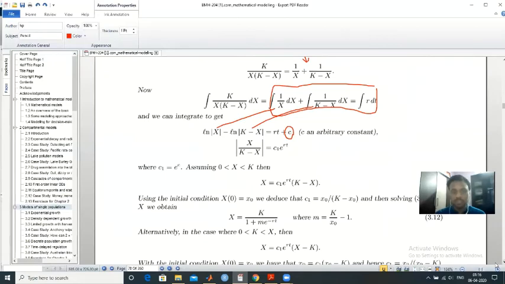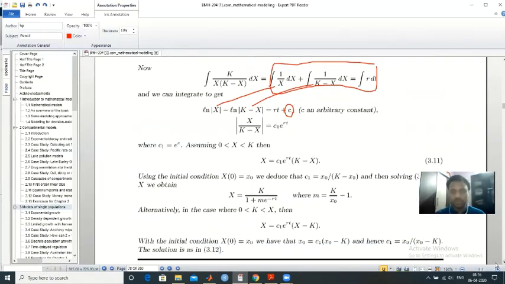If this condition is given, you can find the value of C1 easily, and the value of C1 is e to the power C. If you take the anti-log of both sides, it will be raised to e to the power something. If you put the value of C1 here and apply it, you will get the resulting solution.